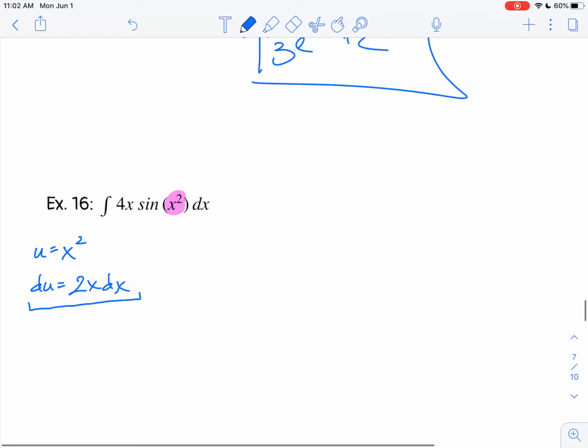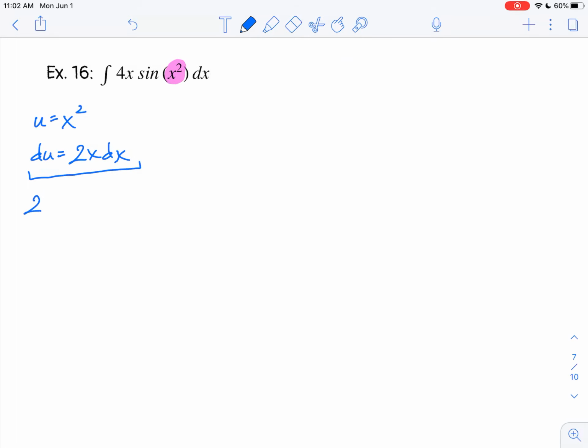So on the left side, I'll get 2 du, and on the right-hand side, I'll get 4x dx. That works out really nicely because now, everywhere I see the 4x dx, I can replace that with 2 du. I don't even have to take the 4 out of the equation.